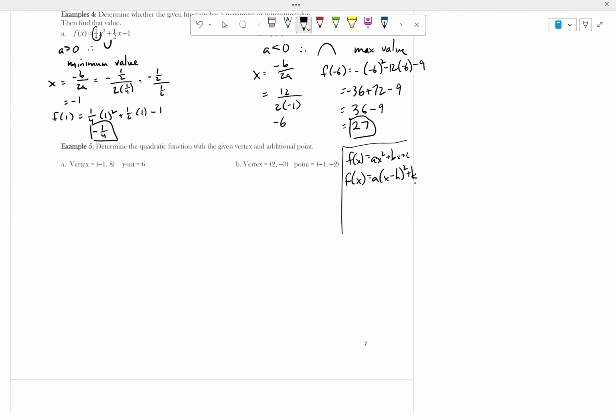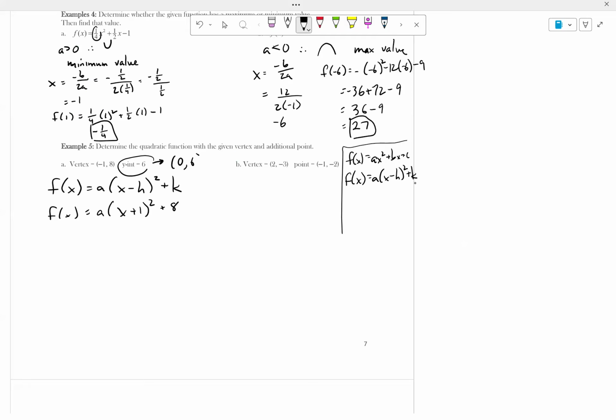So when you're starting these problems, the first thing you need to do is choose which one is appropriate. Now, since they're giving us a vertex, we are, of course, going to start with vertex form. f of x equals a times the quantity of x minus h squared plus k. So I'll plug in first just my vertex. x minus -1 gives me x plus 1 squared plus 8. And now I have to do something with this point. Now the y-intercept being 6, I'm going to write that as coordinates.